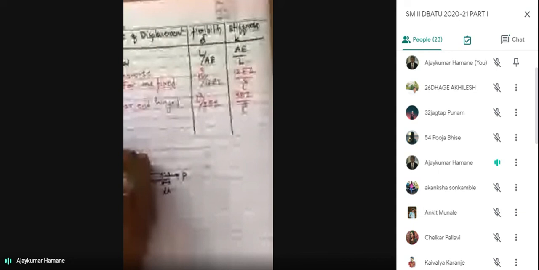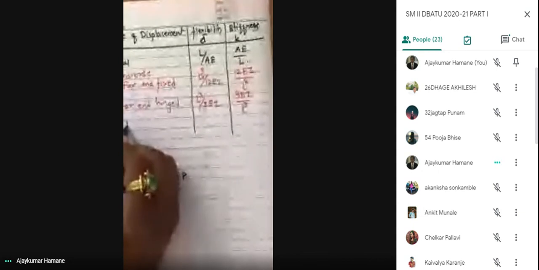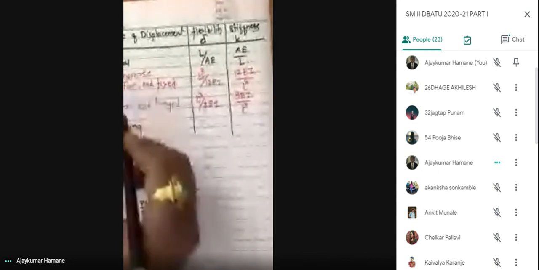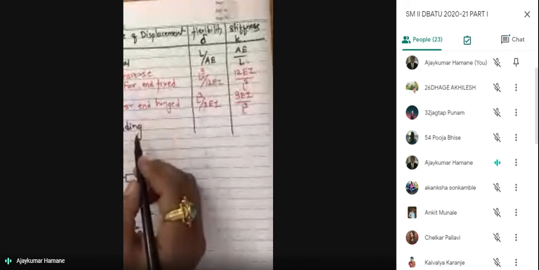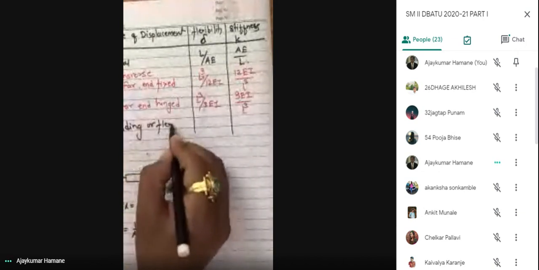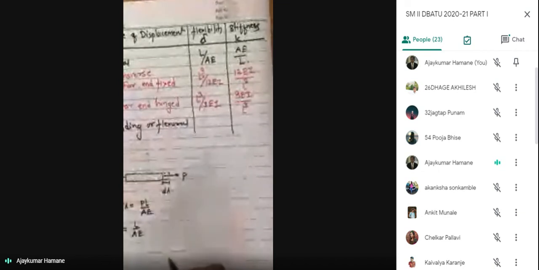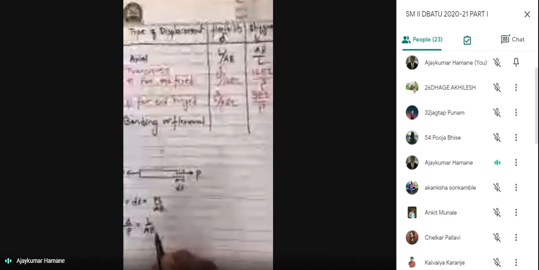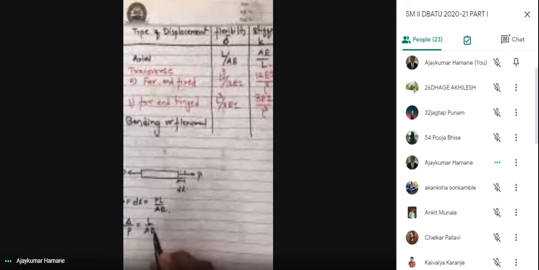Now third one, bending. Bending is nothing but the moment or flexure. When there is a moment applied, what is the rotation?